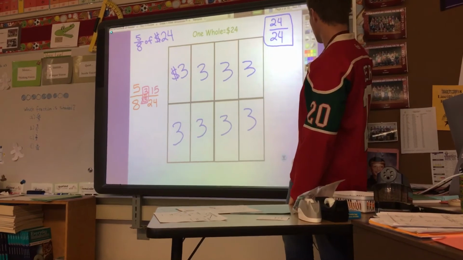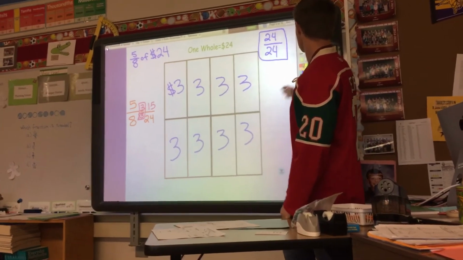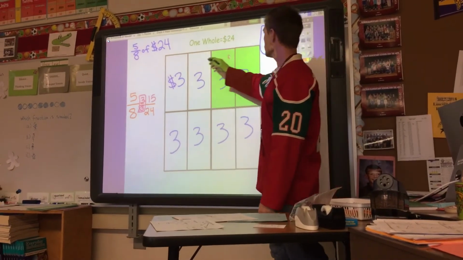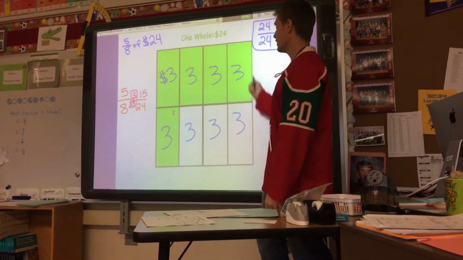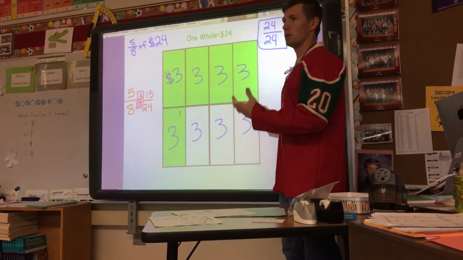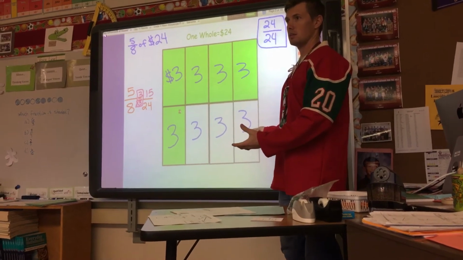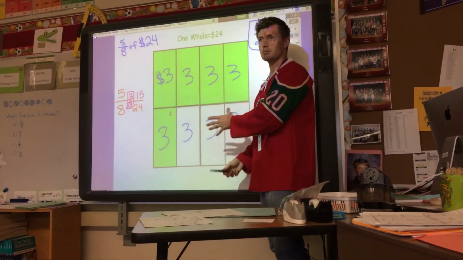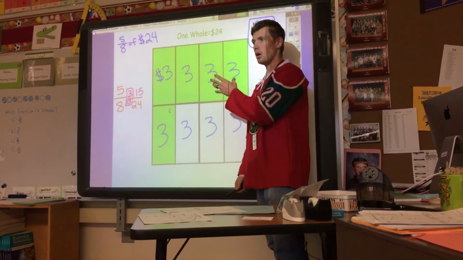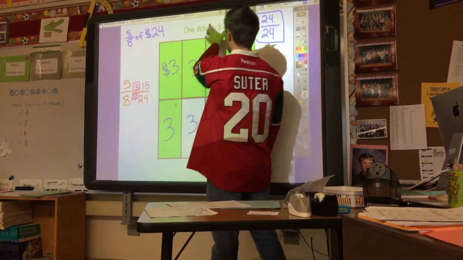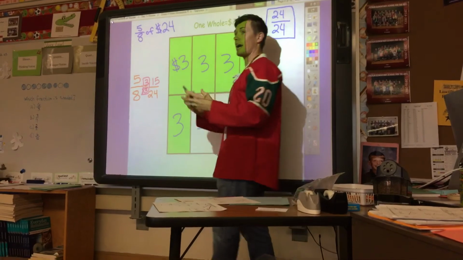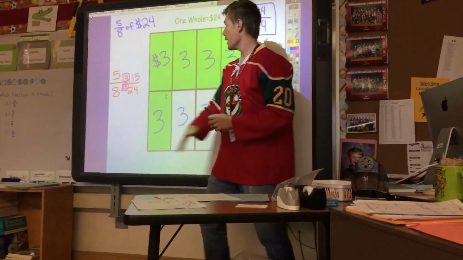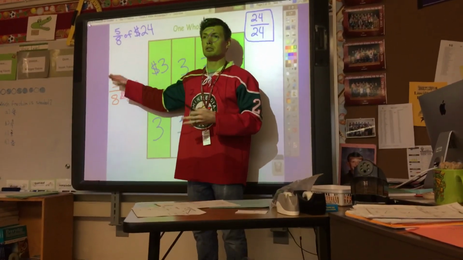And I can show that because if I fill this in, 1, 2, 3, 4, here's 5 out of 8 equal parts. Does this start to make some sense? Yeah. All we're doing is we're dividing our whole by our new denominator. We're getting a fractional part. And our numerator tells us how many parts we have.